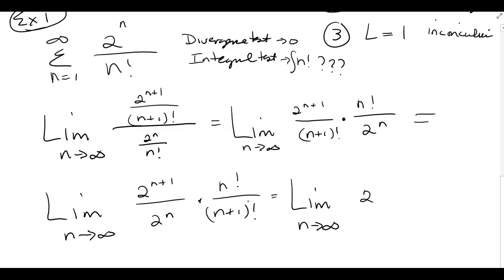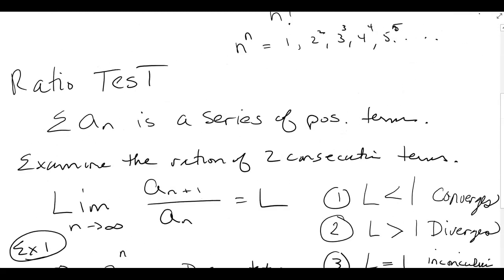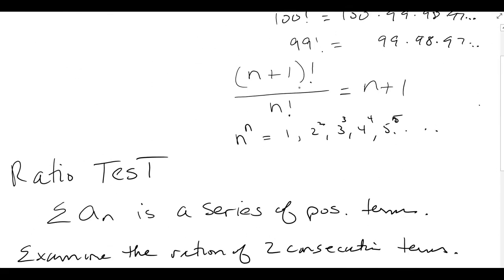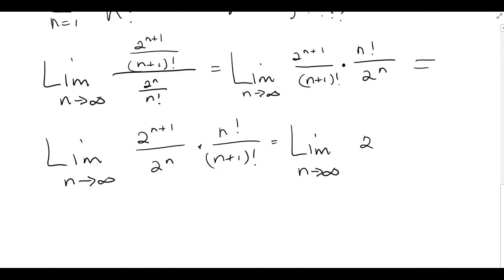n factorial over n plus 1 factorial. Well, we did that. Here, I'll scroll up for a minute. Wherever the n plus 1 factorial is, you're left with just an n plus 1. So remember this, and if you're not sure, just expand it out a little. This is n times n minus 1 times n minus 2, dot, dot, dot.